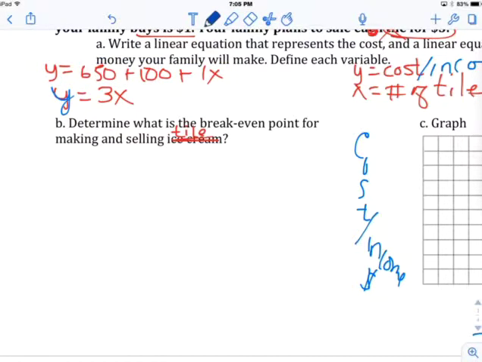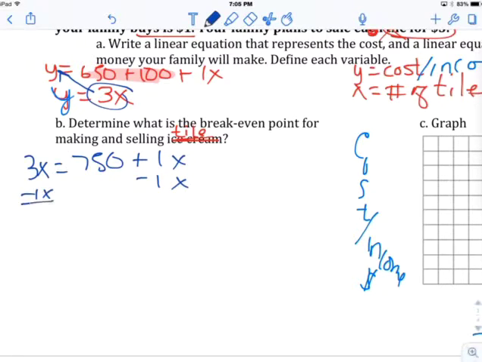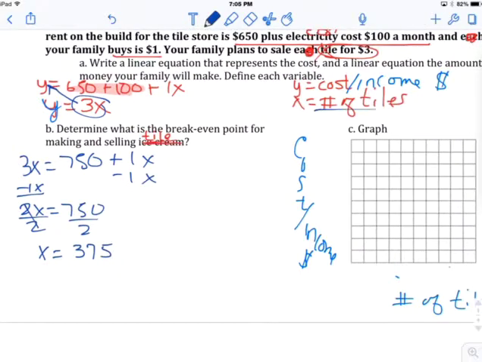We substitute this into here where Y is. 3x equals, we can combine these two, 750 plus 1x, minus 1x. Okay, 2x equals 750, divide by 2. X equals 375.